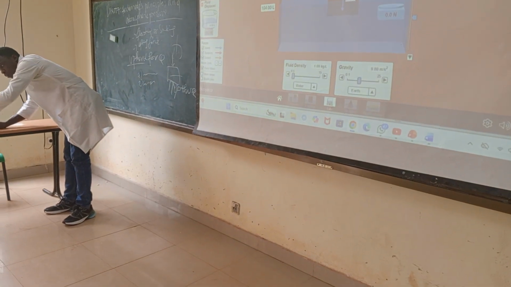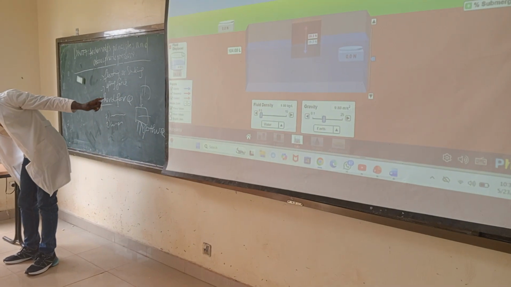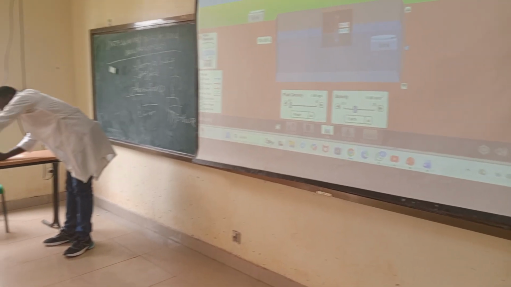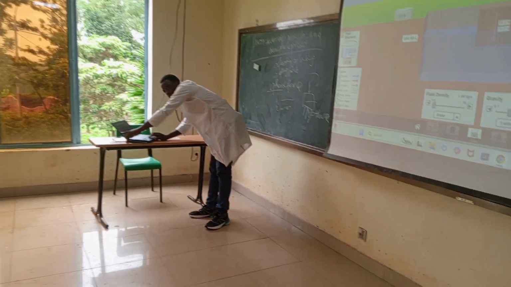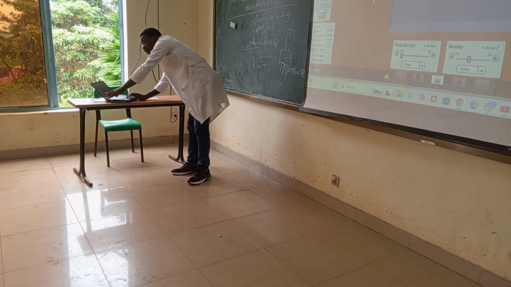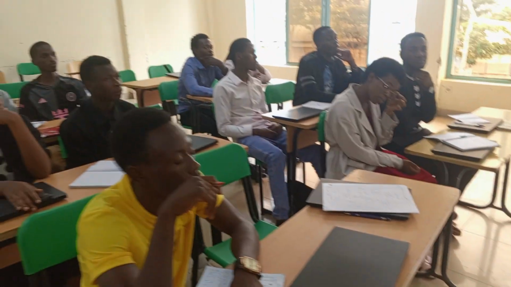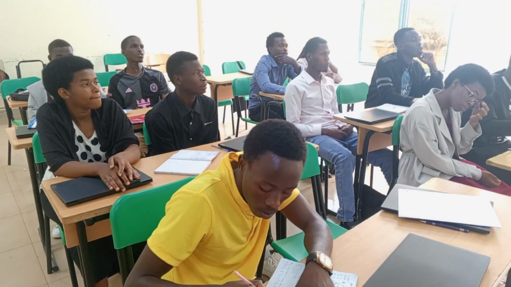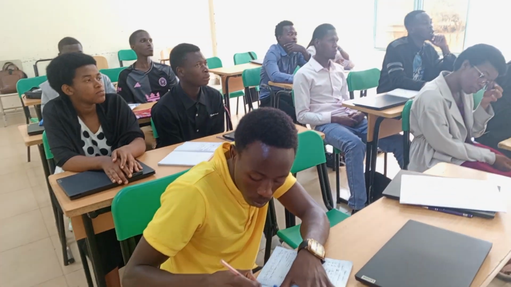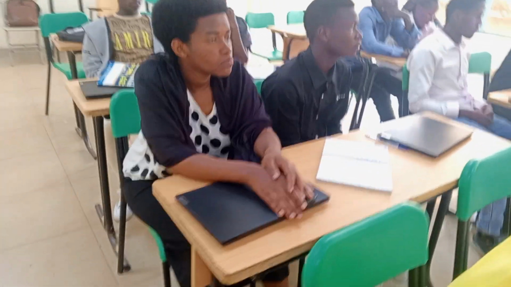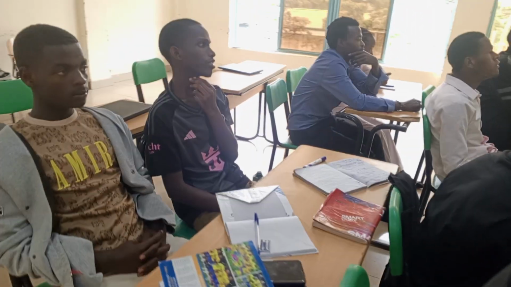Meaning the weight of fluid displaced is equal to 39.2 newtons. Yes. As you remember, when we found the weight of our object in the air before you put it inside the beaker, its weight was 39.2.